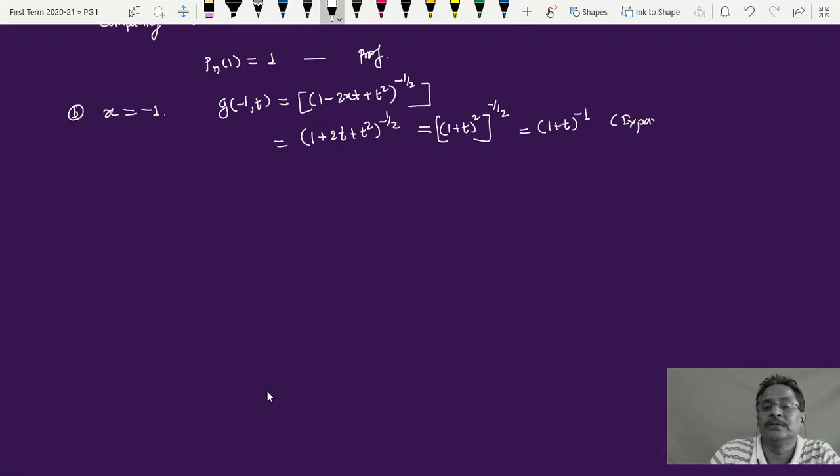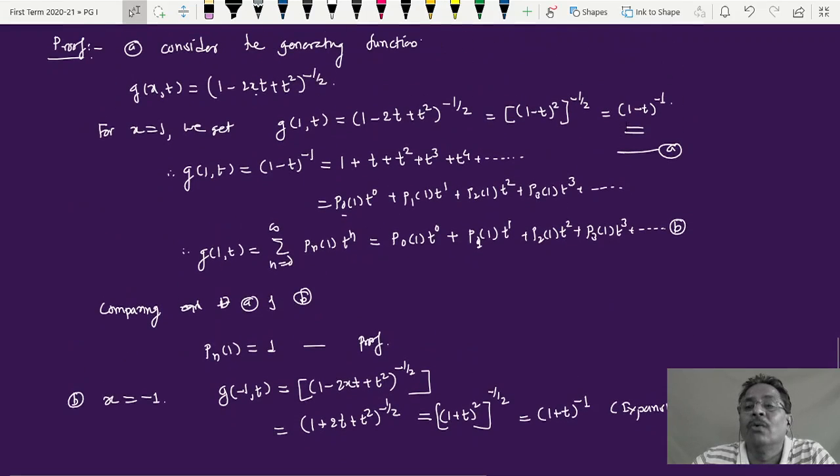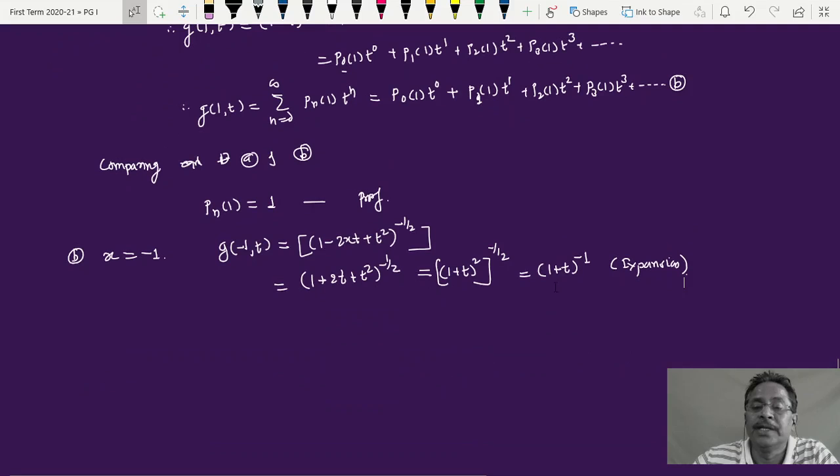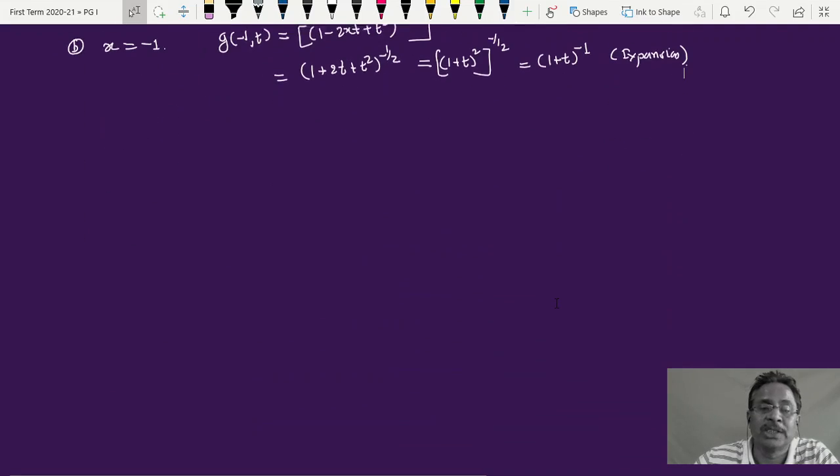Now check what we got in the earlier case. In the earlier case we got (1 minus t) raised to minus 1, and that expansion is 1 plus t plus t square plus t cube plus t fourth and so on. And here it is (1 plus t) raised to minus 1.